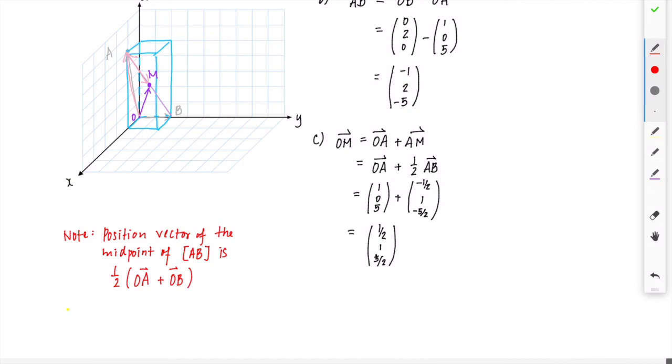Once you know this relation, you can apply this directly to find OM next time. And this is the end of lesson 102.